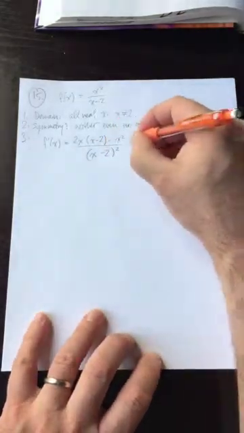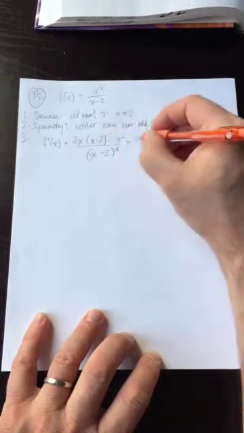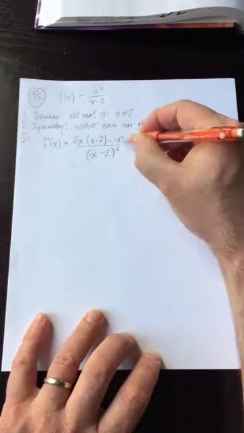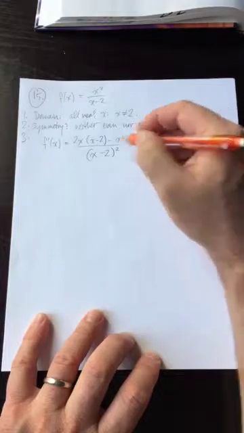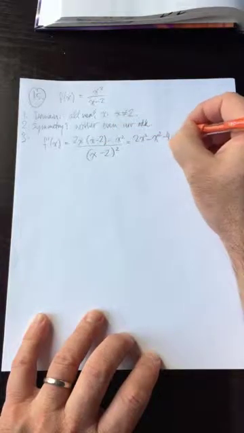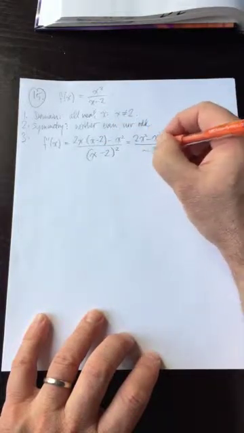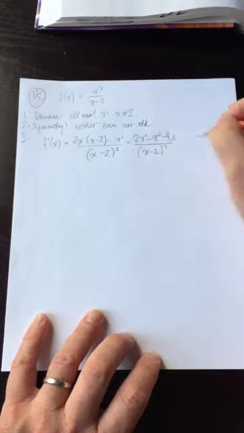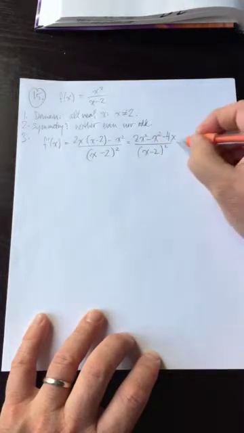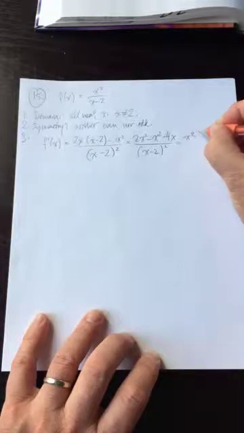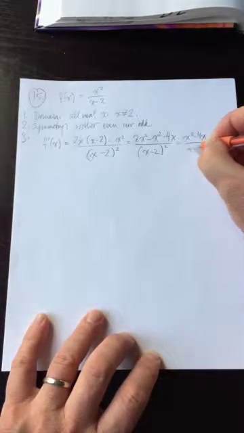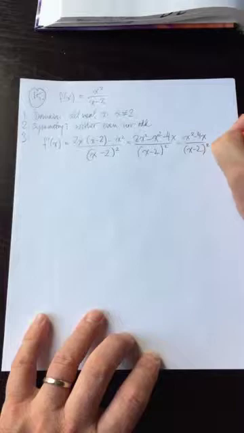Okay, so that's 2x squared minus x squared minus 4x over x minus 2 squared, and that simplifies to x squared minus 4x over x minus 2 squared.